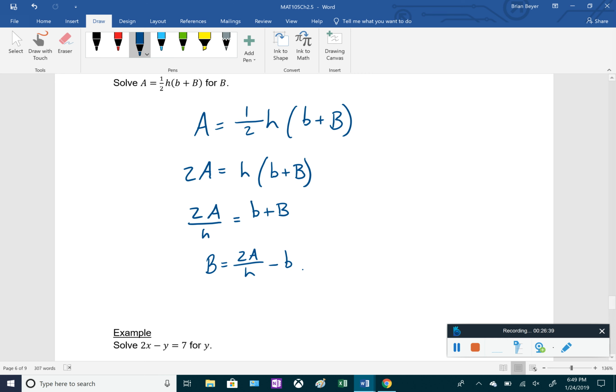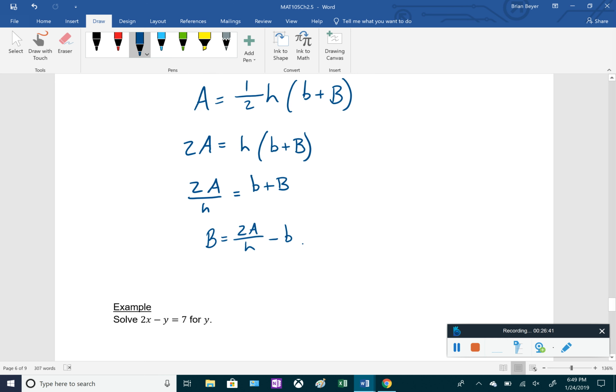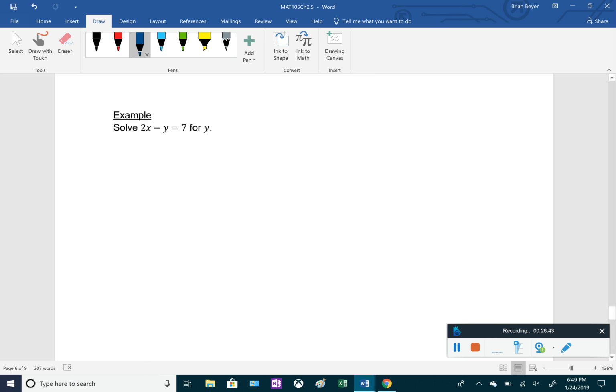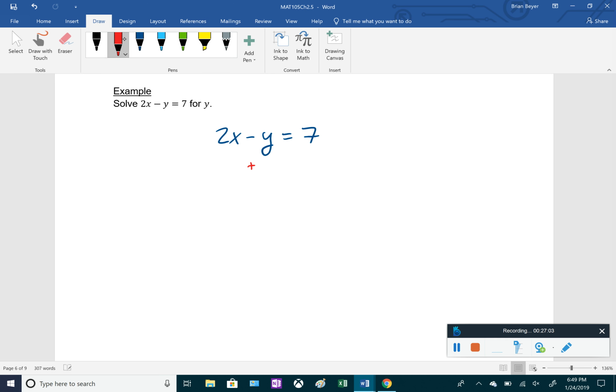Okay, let's do the next one. So let's solve 2x minus y equals 7 for y. So this one could be a little bit easier here. So what I'm going to do first, I'll show my work for this one. What we can do here, we can subtract 2x on both sides. But what I'm going to do, I'm going to add y to both sides. The reason I'm doing that is because that's going to make it positive.